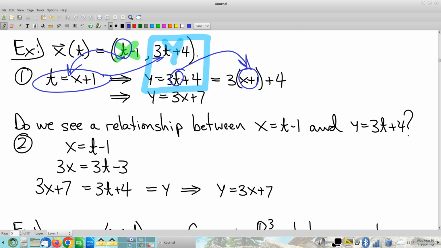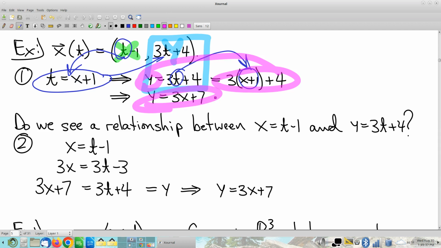So you solve for t in the first equation, plug it into the second equation, and lo and behold, what you've got then is an equation that involves x's and y's. You might say we've eliminated t.